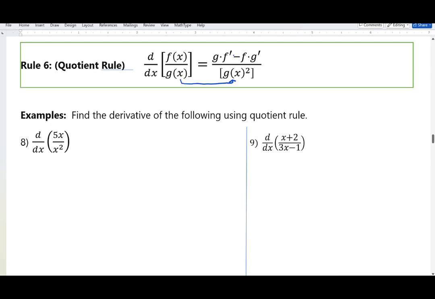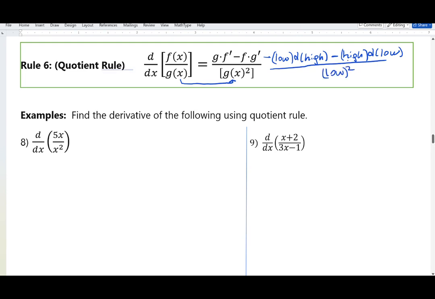And the easiest way I found to memorize this is to think of the term on the higher part of your fraction over the lower part of your fraction. One way to look at this top part is to say: you take the lower term times the derivative of the higher term, so low d high, minus the higher term times the derivative of the lower term, all over the lower term squared.